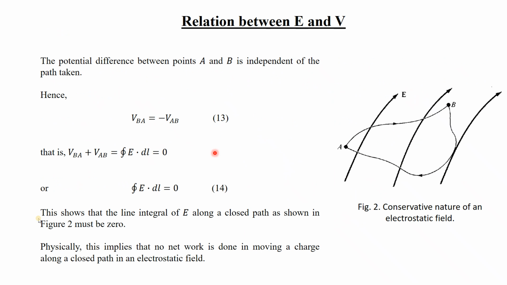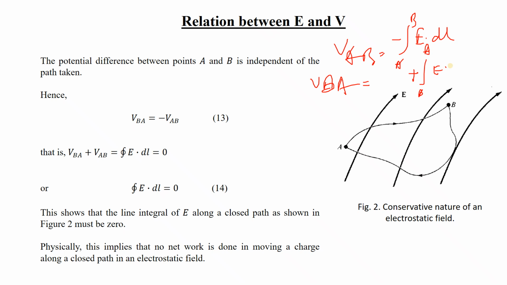Taking the concept which we have discussed, that is why we have written that V is equal to the integration of E dot dl. Now whenever you are doing VAB, it is very simple: VAB is equal to the integral from A to B of E dot dl, or minus E dot dl, and VBA will be from B to A. This won't be minus, this will be plus E dot dl.